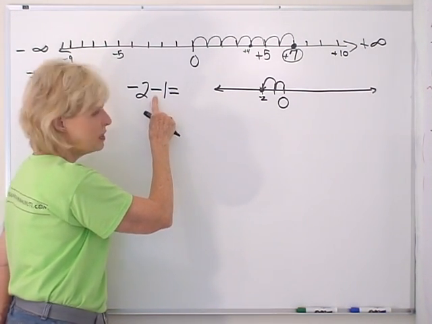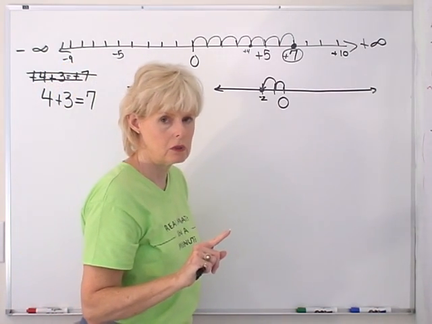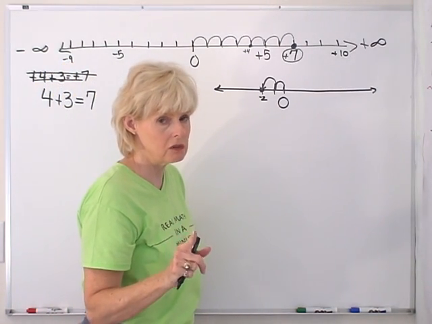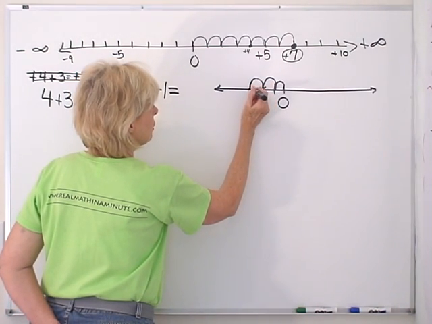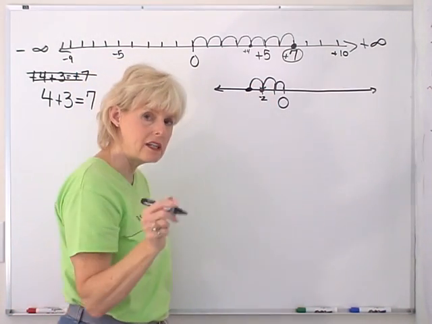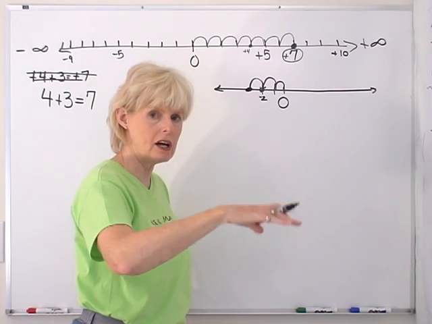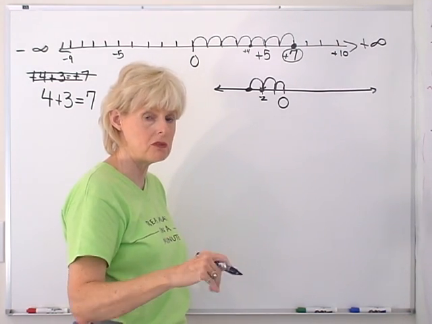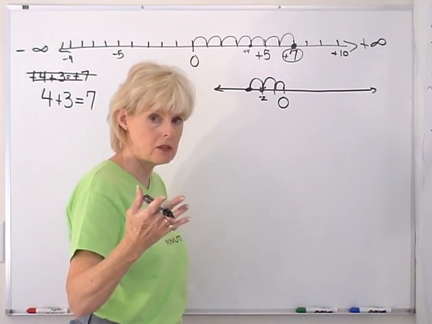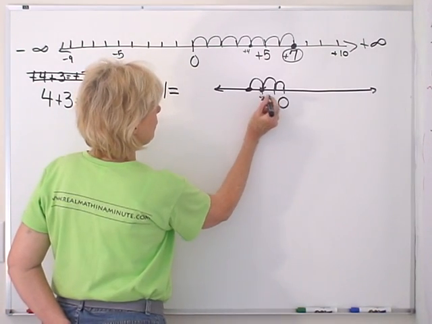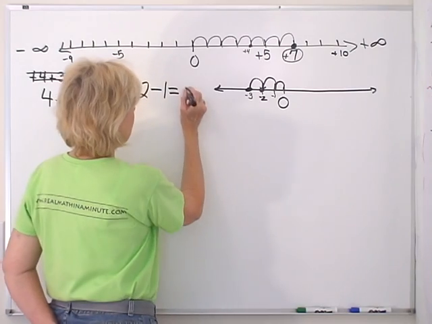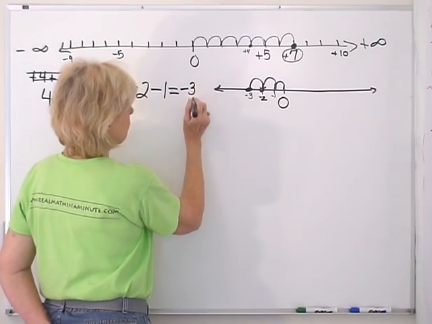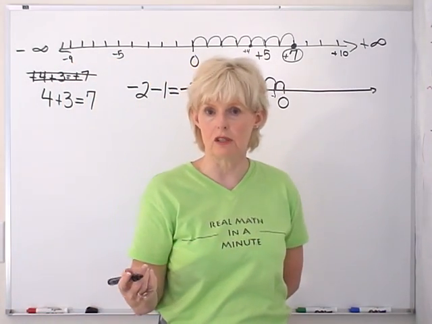One more negative step. So we go one more hop down here. That's our answer. Where we land after we do both of the movements, where we end up, that's our answer. So we ended up right here. That was negative 1, negative 2, negative 3. So that's our sum, negative 3.